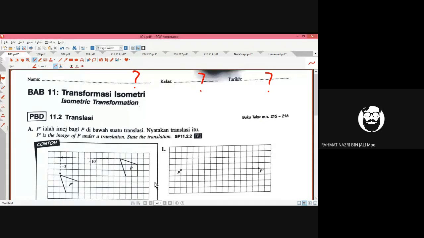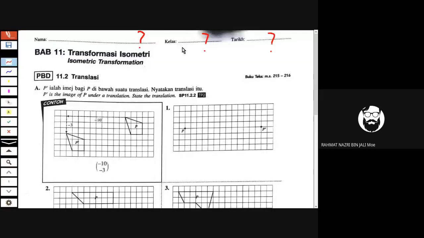Seterusnya kita cuba bincang ini muka surat 101. P prime is the image of P under a translation. State the translation. Number 1.